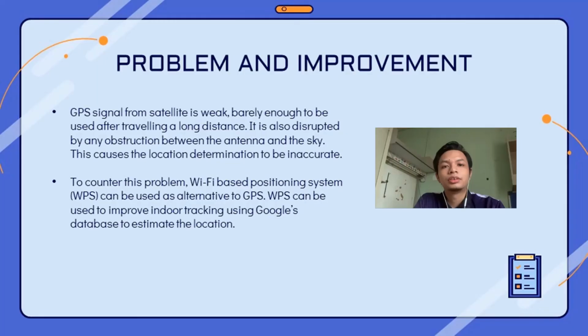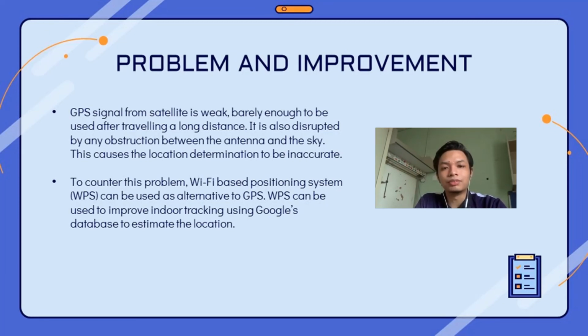Thank you. Throughout this project, we have discovered a weakness in our device, and here we are going to suggest a solution to make the device better. After conducting multiple tests with our device, we found out that the GPS signal from the satellite is too weak.